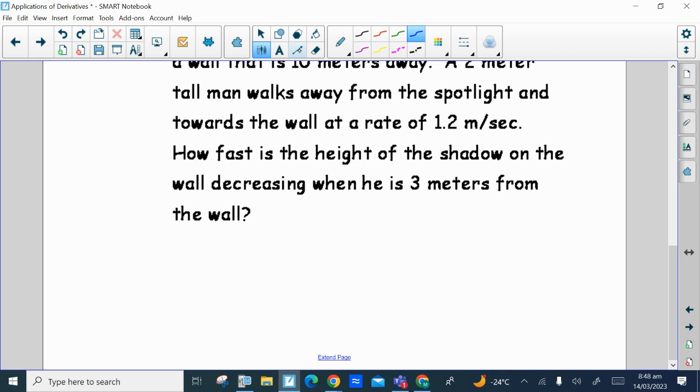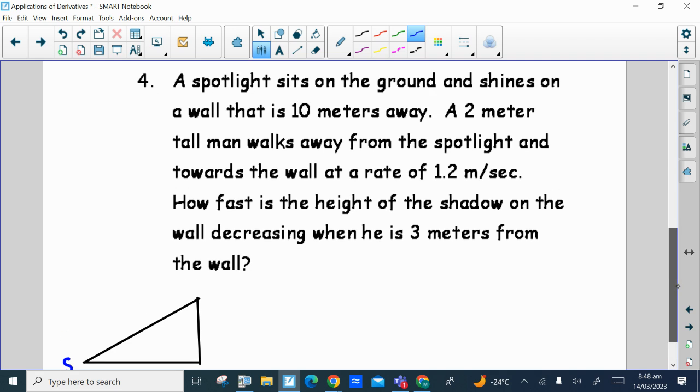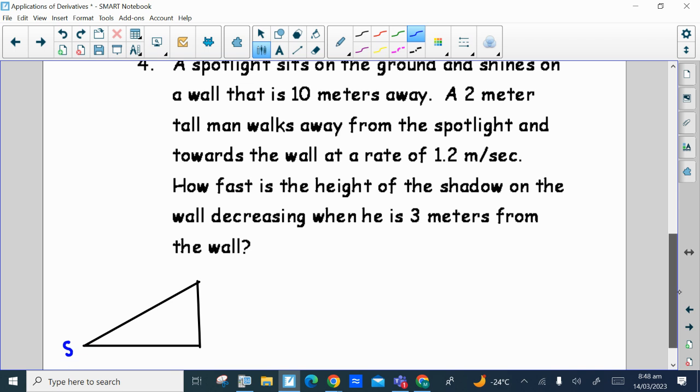So we can form a right triangle for this. The height of the right triangle represents the wall. So we've got a spotlight on the ground and shines on the wall that is 10 meters away.